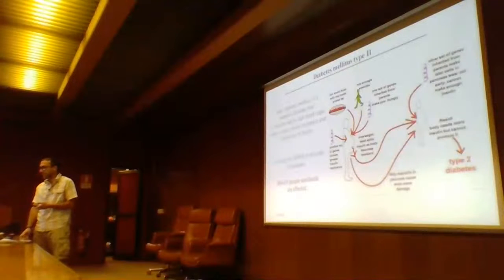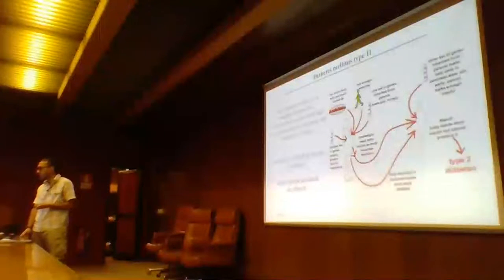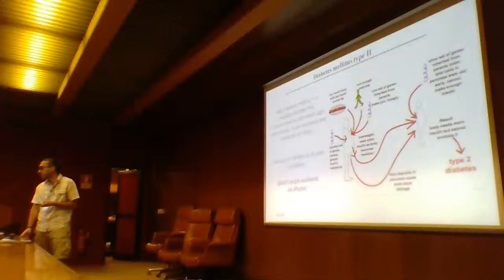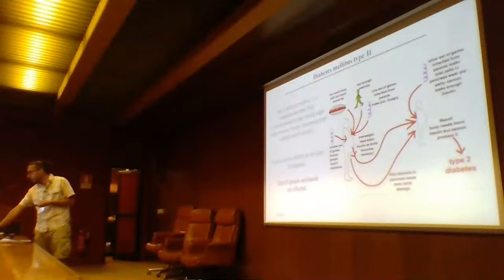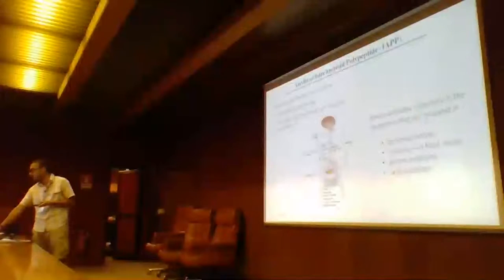It's a severe problem that affects 300 million people worldwide, and since the main cause of this disease is sedentary lifestyle, we can understand that in a few years this number will increase a lot. So it's needed to understand all the processes of this disease in order to prevent its propagation.